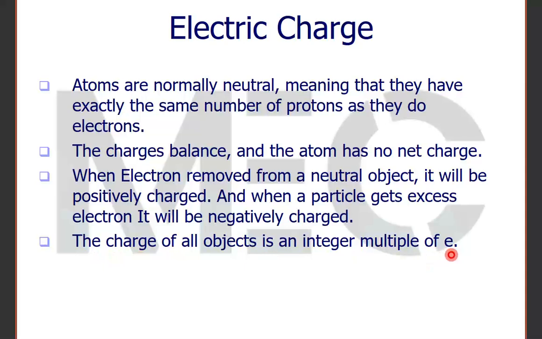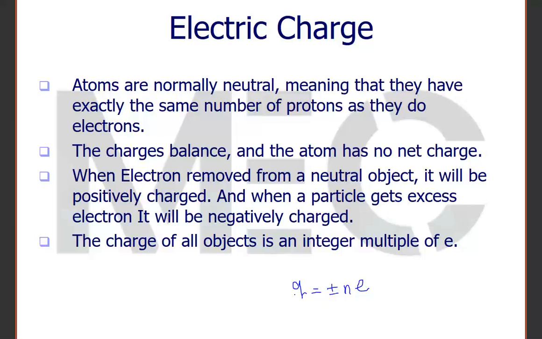The charge of an object must be an integer multiple of the charge of the electron, and this is shown by a formula like this: Q equals positive or negative N e.